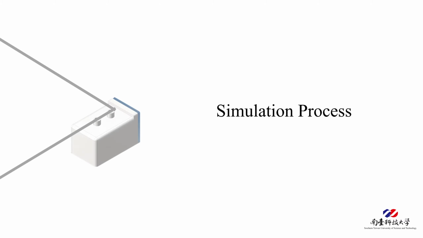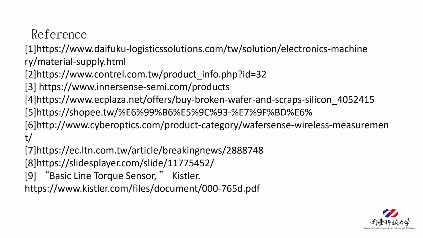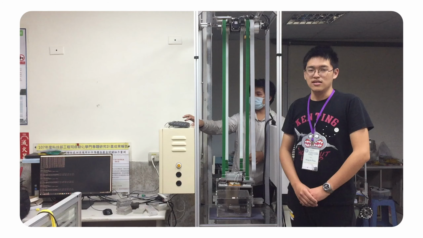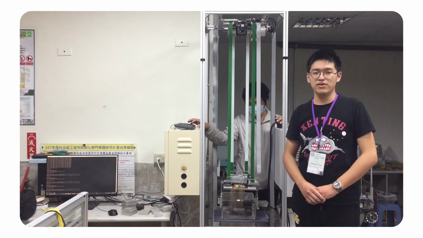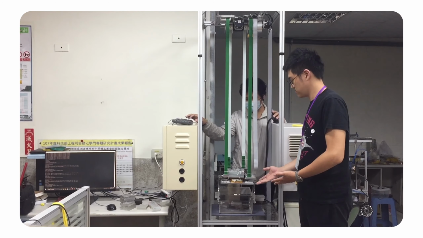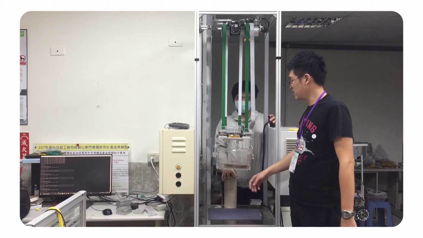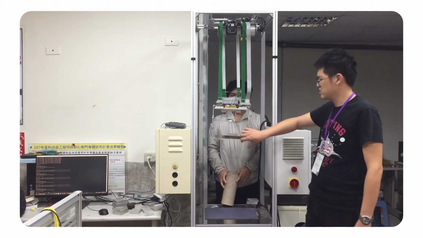This is our whole simulation process. I will show you by video. This is our simulation process, and now we will start up our device. This is a normal process of the OHT, but sometimes the doors will open accidentally.